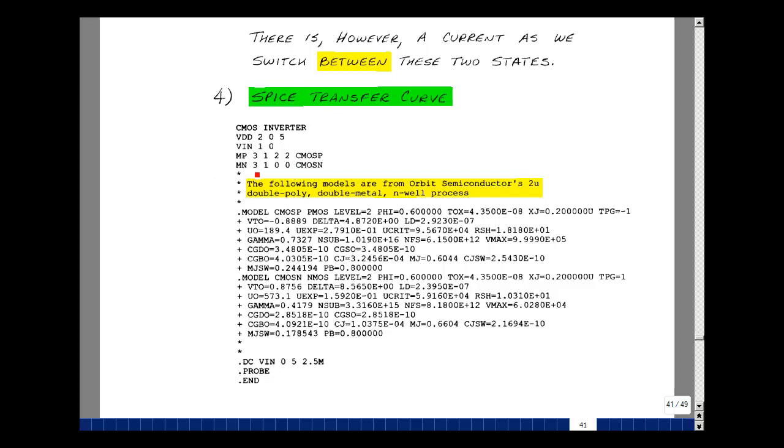The drain was 3, the gate was 1, the source was ground, and the bulk was also grounded. I'm going to sweep the voltage from 0 to 5 volts. I'm going to do 2,000 data points. Dividing 5 by 2,000, I get 2.5 millivolts per step. There's a lot of interesting things that are happening with very small changes in voltage. Take a look at the output on the next page.